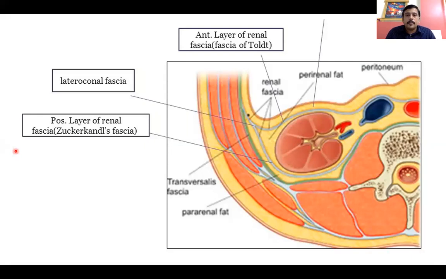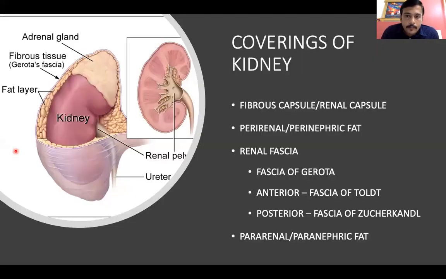The coverings of the kidney basically have four layers. First, the fibrous capsule, which is immediately outside the kidney. It is the fibrous capsule or the true capsule. Then we have the perirenal or perinephric fat, which is the accumulation of adipose tissue just outside the renal capsule.